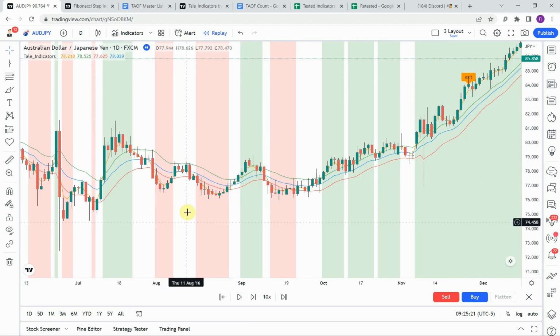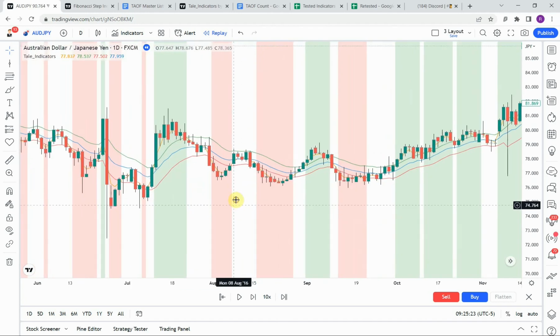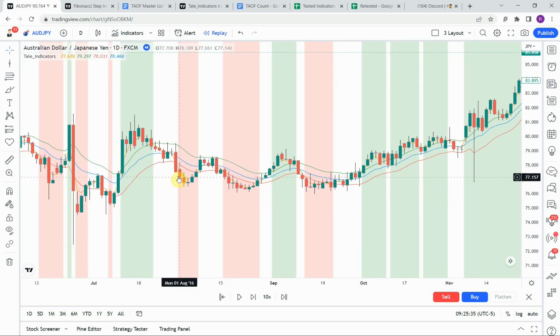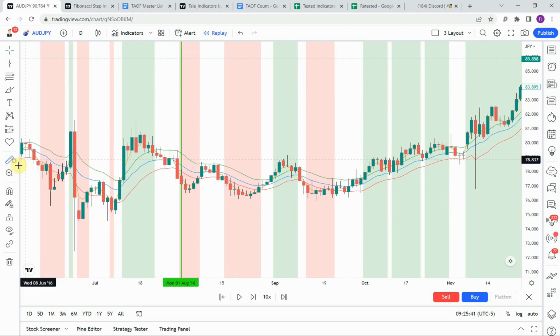For example, when we get a short like right here, you can see that price action spikes up there, rides its way down through that channel, comes down, and then pops out the bottom right here. That would be a signal to go short right there.